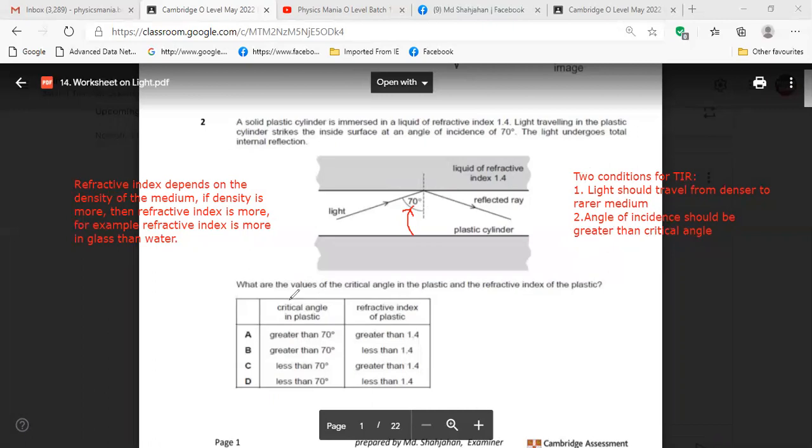They did not ask you about the angle of incidence. If it is asking about angle of incidence, then you can say greater than critical angle. But they are asking the opposite way. Critical angle in plastic. So critical angle is smaller than this 70 degree, isn't it?